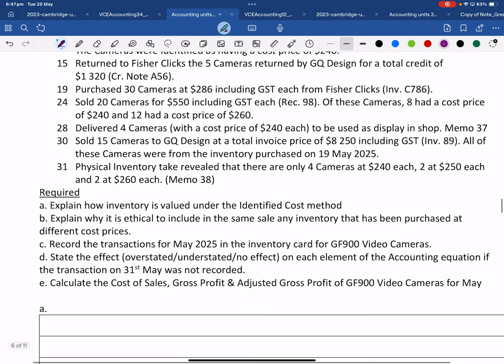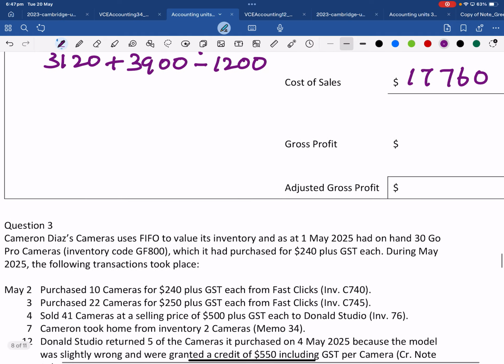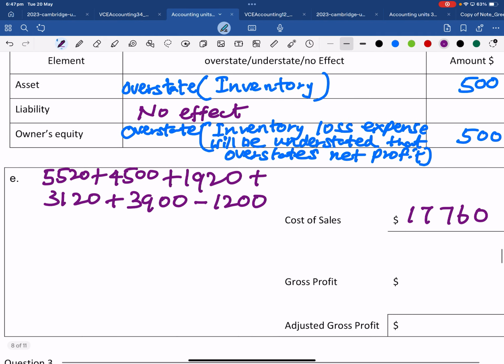Okay guys, next one, gross profit. Now before the gross profit, we have to calculate sales. Hold on, we have to do the sales on top of that.